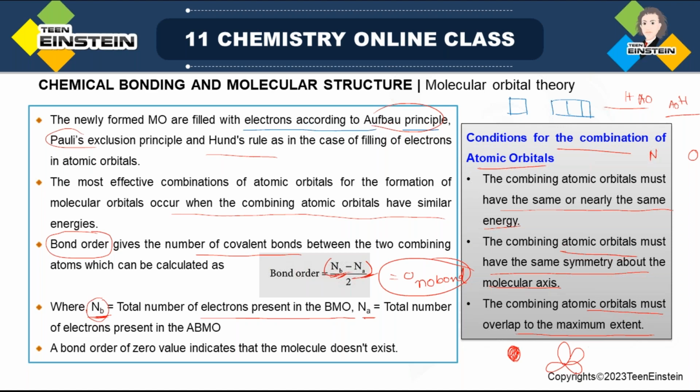It is another way of asking: just calculate the bond order from the MO diagram and see in which case it is 0, because when it is 0 that means the molecule doesn't exist.